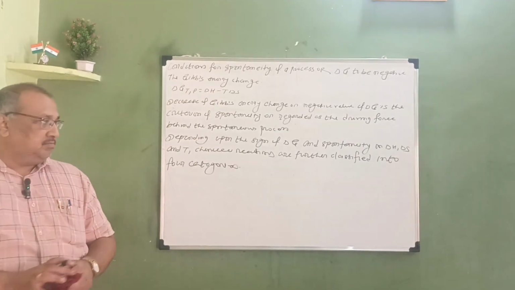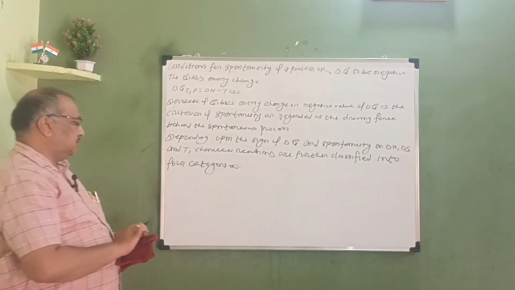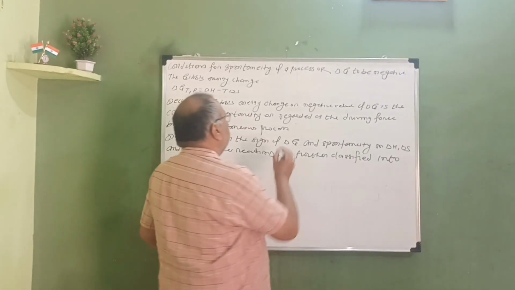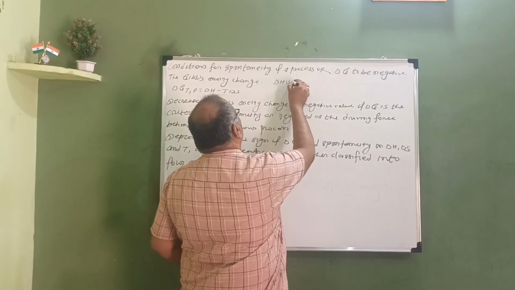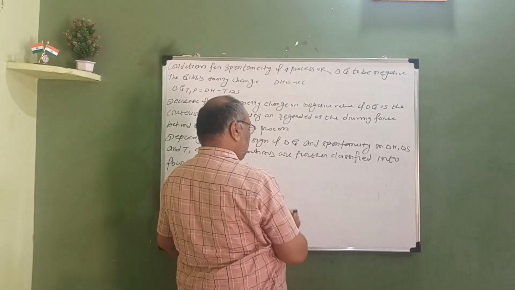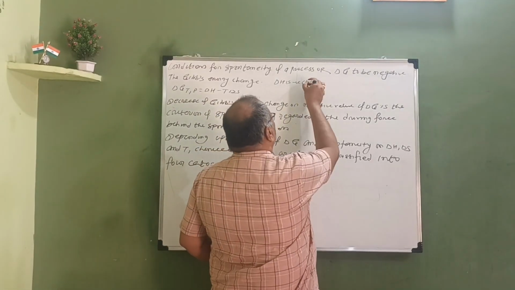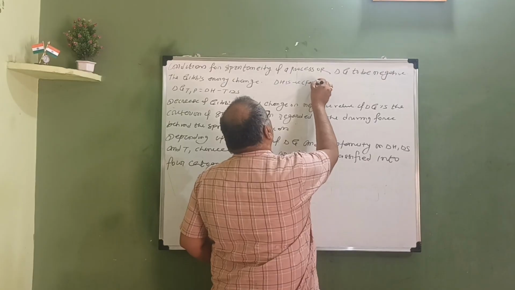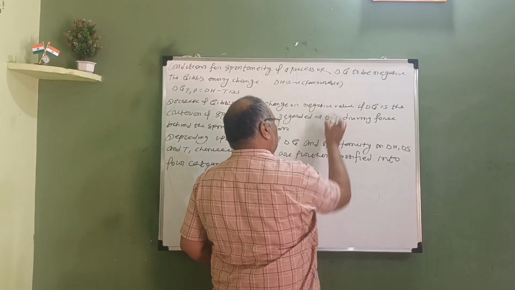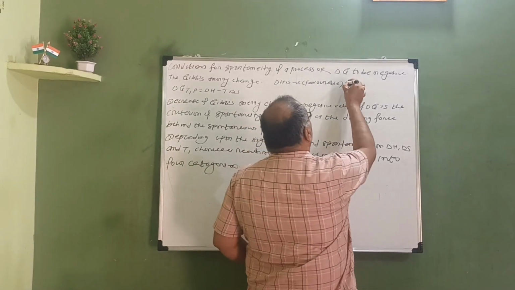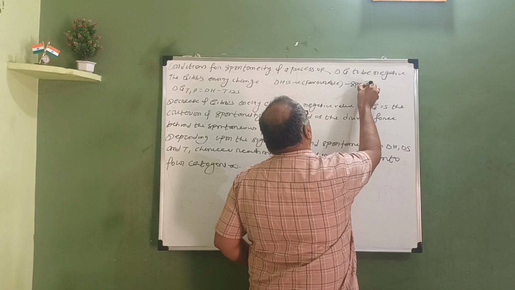Now here, keep in mind, if delta H is negative, this is called a favorable condition, then the given reaction is spontaneous.